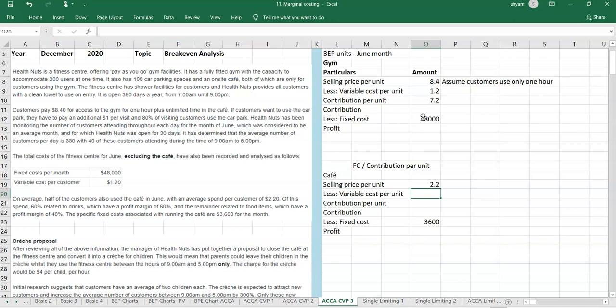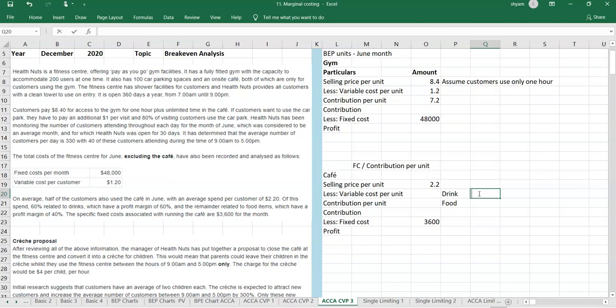So done. We have two products here, the two products are drink and food, right?